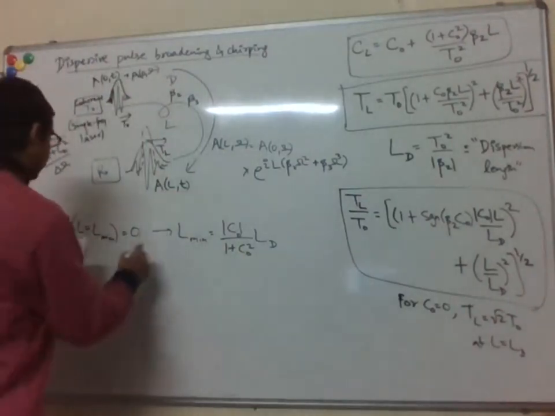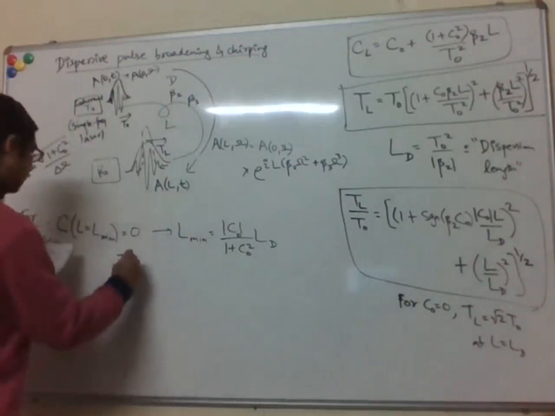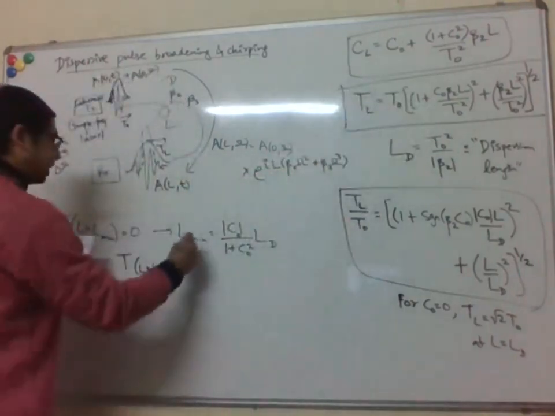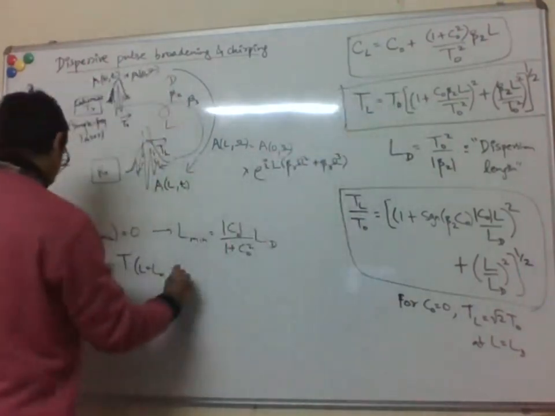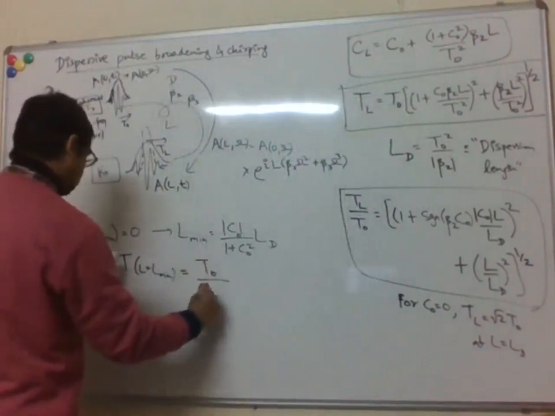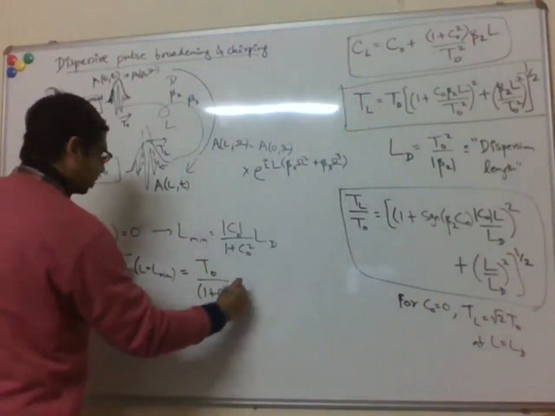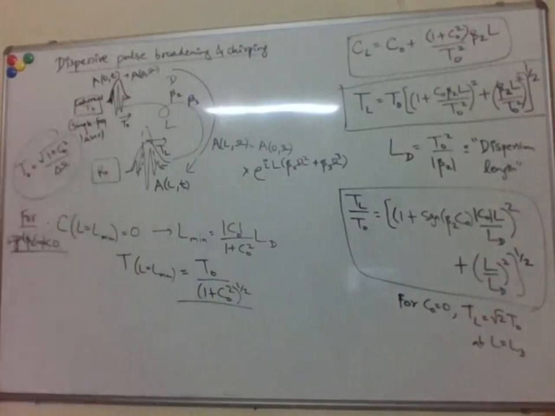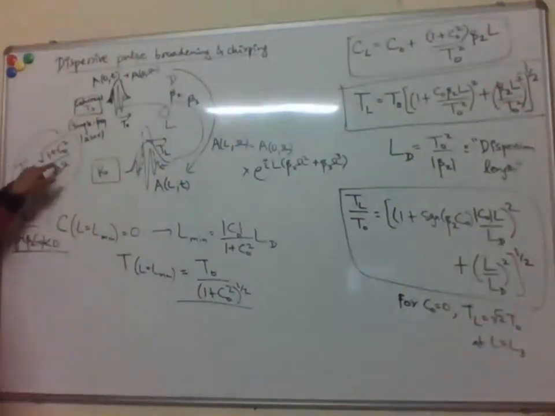Okay, and the pulse width at this minimum length, you can again just plug in that L here. You can already guess what this should be, again from here. The minimum T_min, as we know, is 1 over delta omega when this is 0.